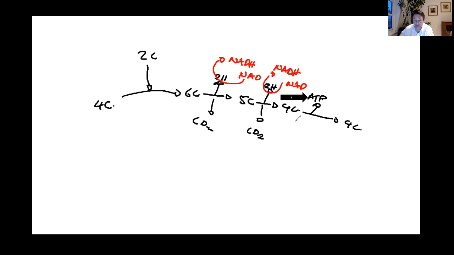Now, at the same time, you release 2 hydrogens, and these are of slightly lower energy level, so these are picked up by a different carrier, not NAD, they're picked up by FAD, and it gets reduced to form an FADH.